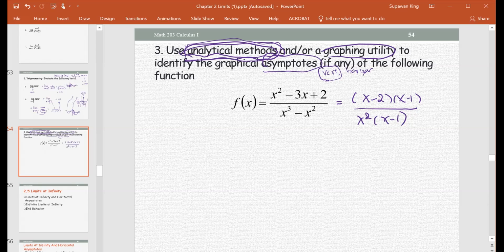After you factor completely, before we do anything else, could you tell me what the domain of this function is? Feel free to type in the chat if you prefer.